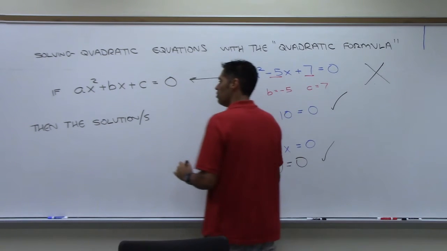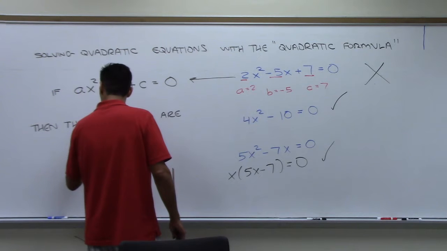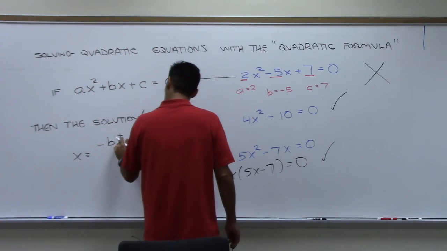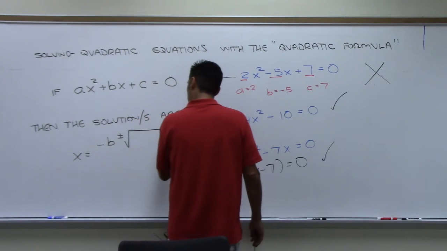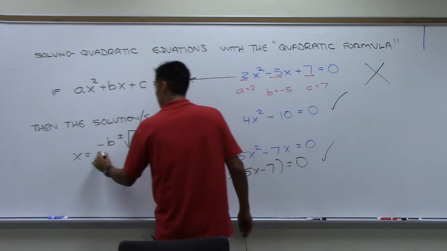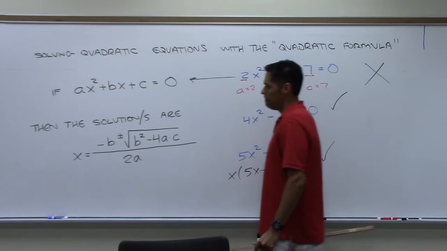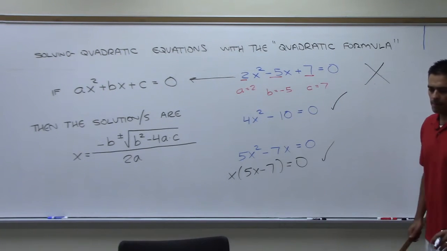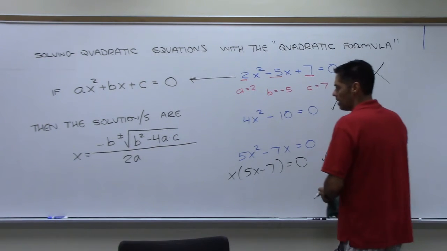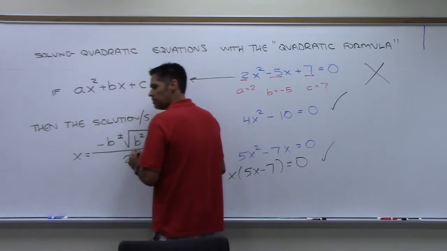The solution or solutions are x equals -b plus or minus the square root of b squared minus 4 times a times c, the entire quantity divided by 2 times a. Always. That's pretty nice that we have a formula for that. Isn't that nice?